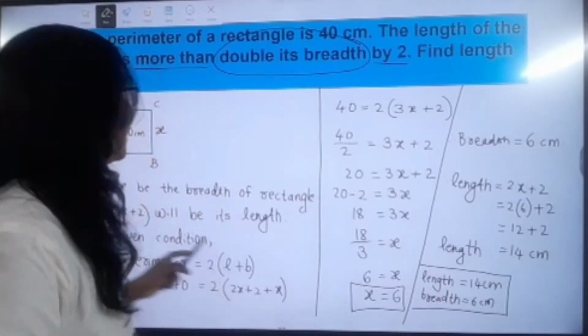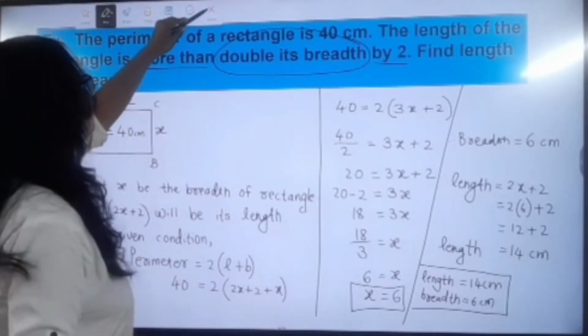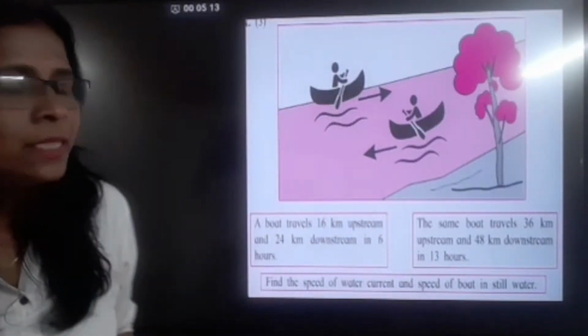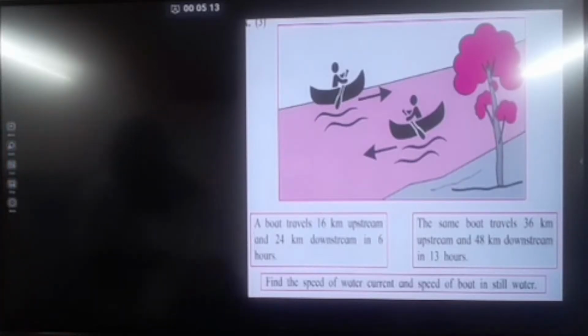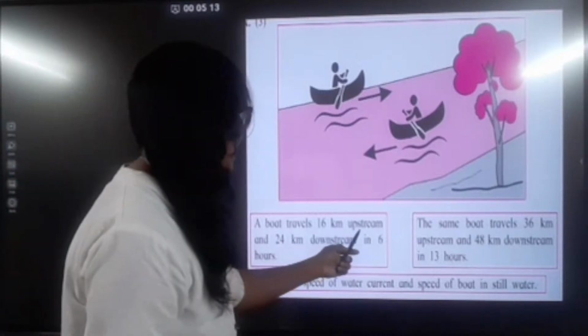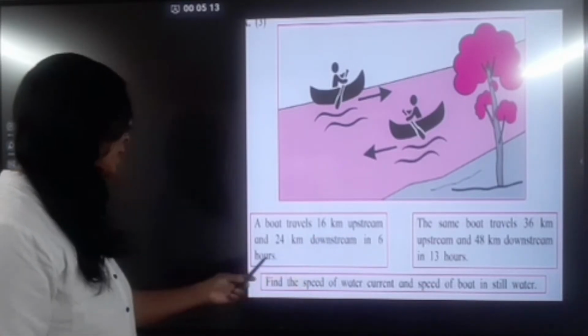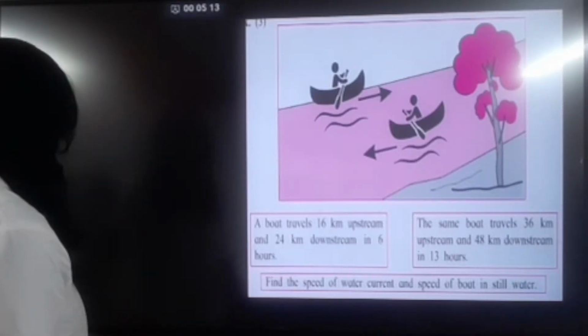Now see the next question, students. See this question carefully. Observe this picture. A boat travels 16 kilometer upstream and 24 kilometer downstream in 6 hours. Okay?